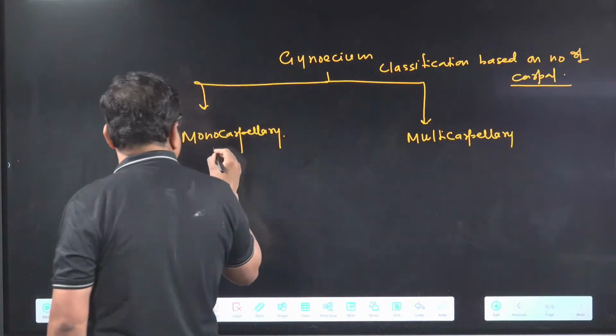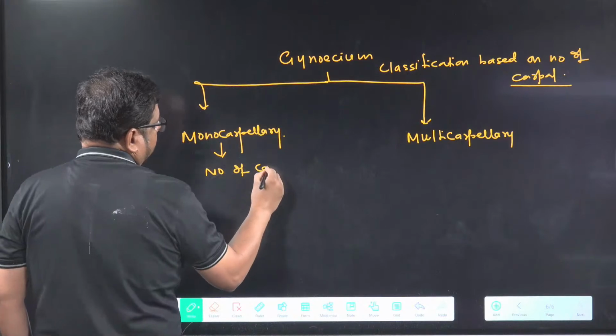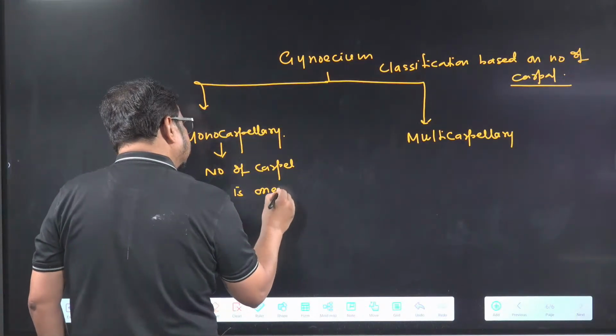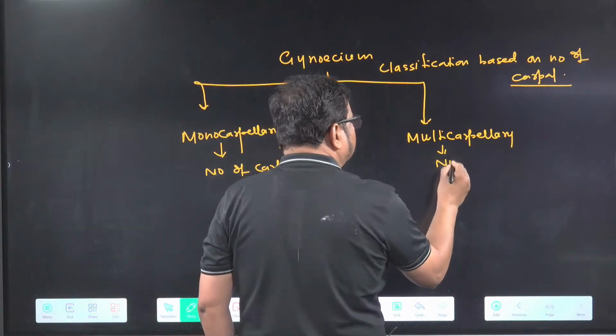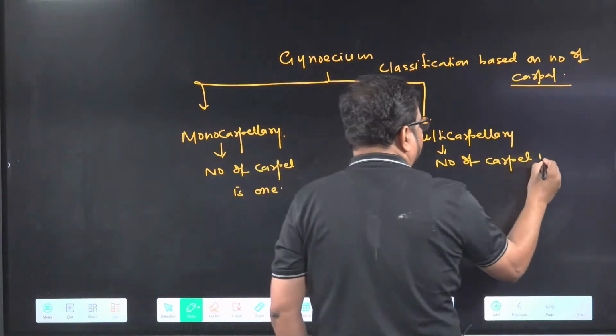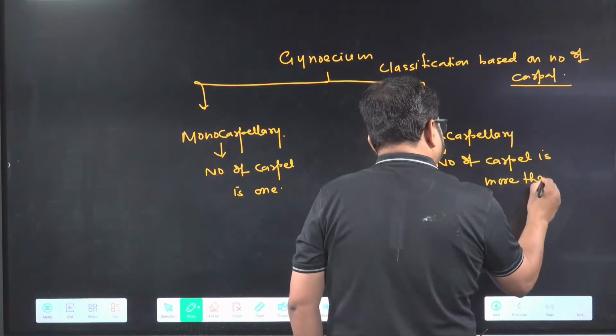So in monocarpellary, the number of carpel is one. In multicarpellary, the number of carpel is more than one.